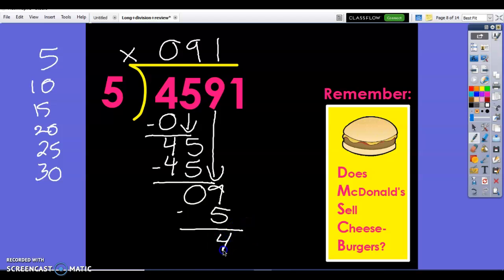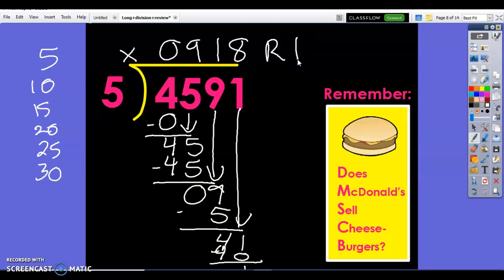You end up with a 4. You bring down this 1. You have 41. 5 divides into 41 8 times. 8 times 5 is 40. You subtract, and you are left with a remainder of 1. Okay, check your work here. Check and make sure that you've done these correctly.